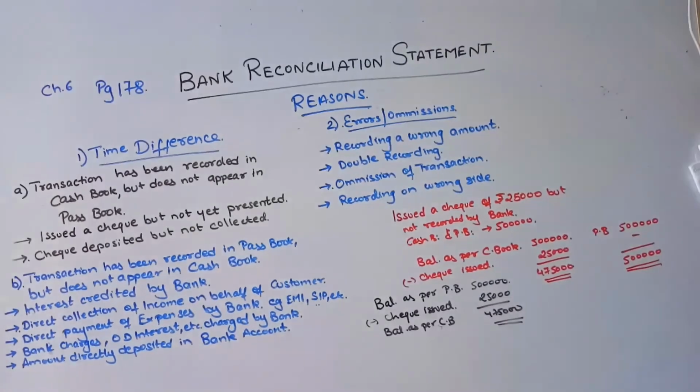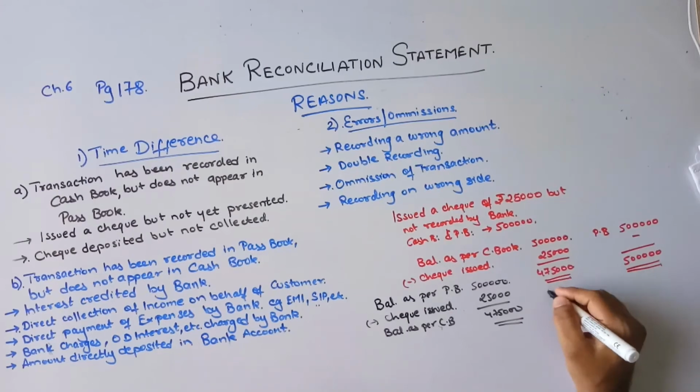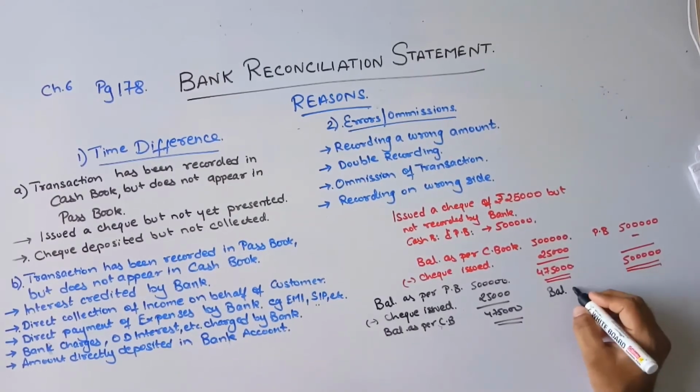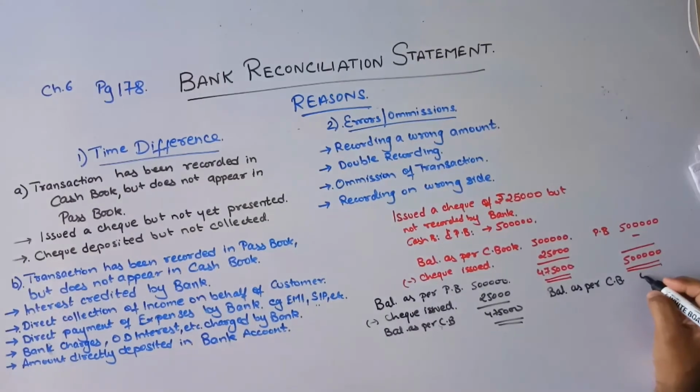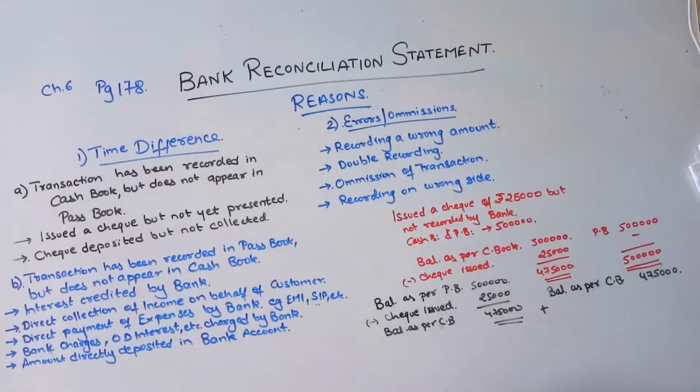which is this 4,75,000. But now if the sum specifies that you have to start with balance as per the cash book, then what will happen? You have balance as per cash book 4,75,000. Now you will add back the check, because in the passbook the transaction of 25,000 has yet not been recorded.